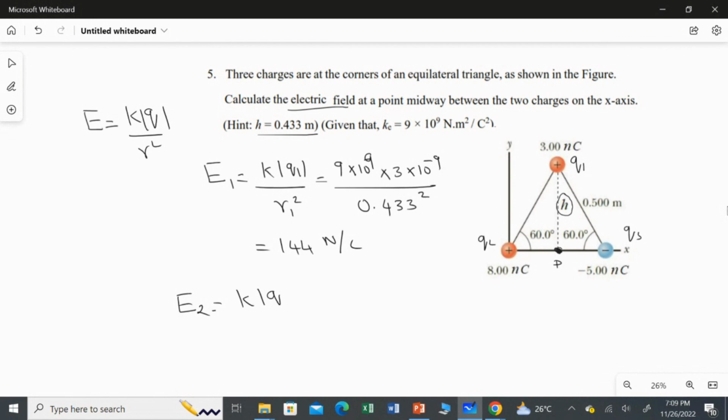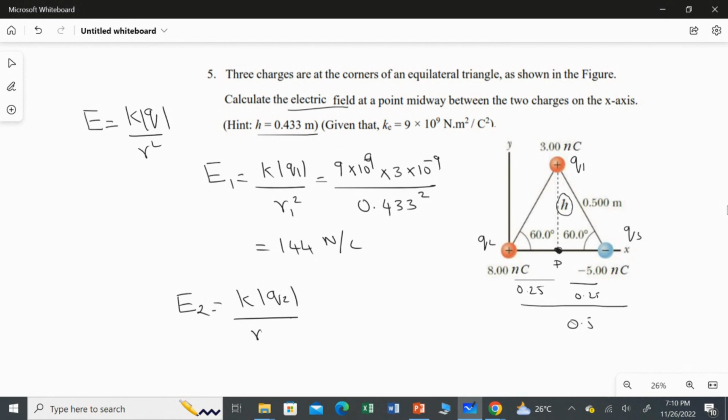Likewise, I have to find E2. So K magnitude of the second charge over the distance between charge 2 and point P. So what is the distance? As we already studied in the previous question, all sides are exactly the same. This is half of the distance, am I right? The total distance they mention is 0.5, so half is 0.25, and this one is 0.25, right? So the distance between the second charge and the point P is 0.25.